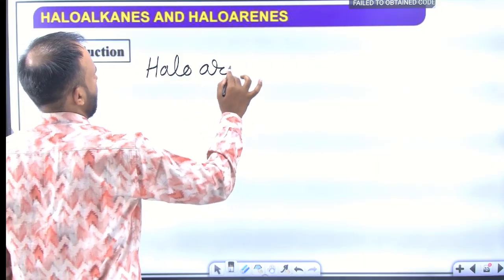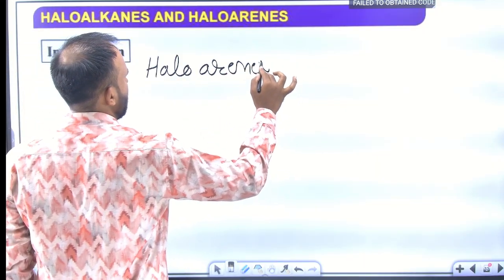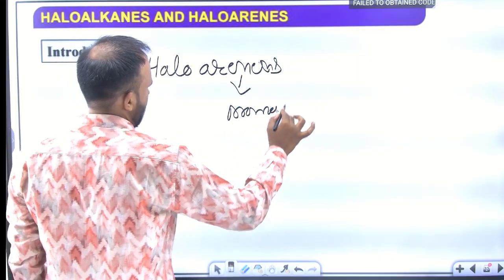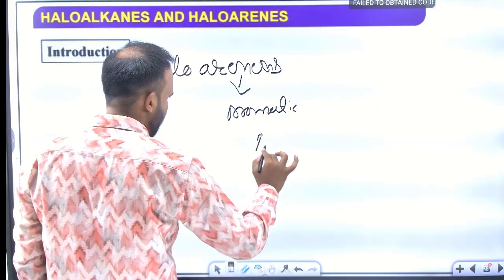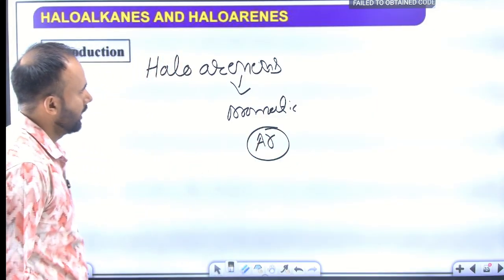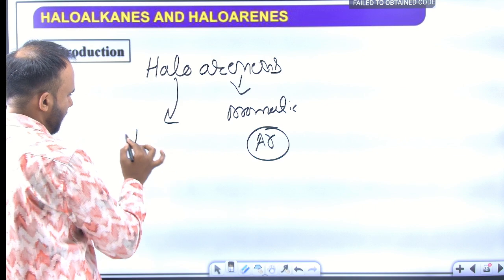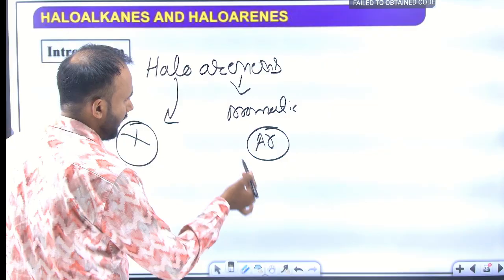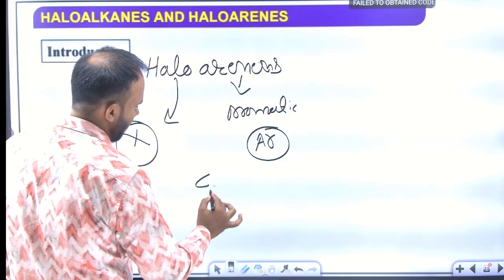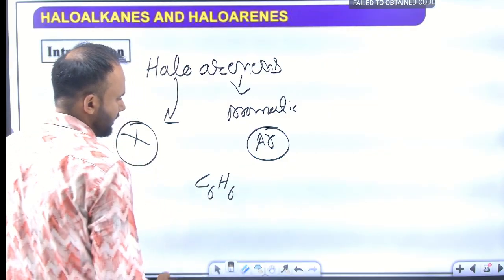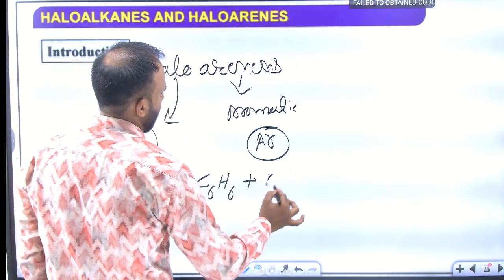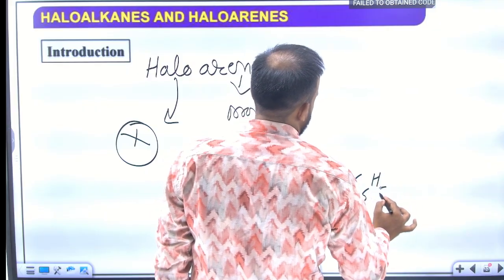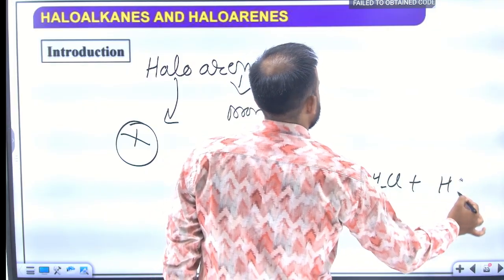Haloarenes. Arenes means what here? Aromatic. Generally we represent it as Ar. Halo means the halogen family, which we represent by capital X. When any aromatic compound, if I take the example of C6H6, reacts with Cl2, we get C6H5Cl plus HCl.